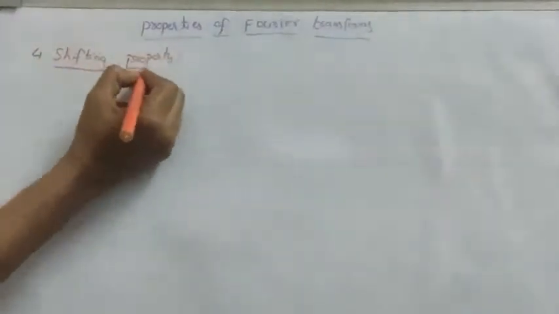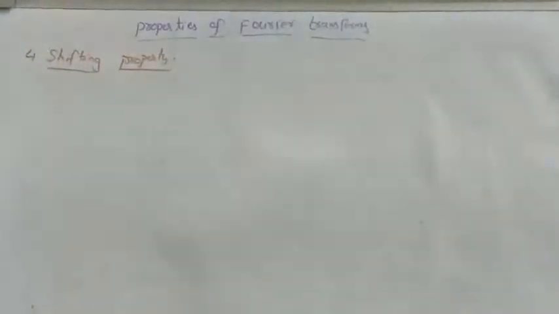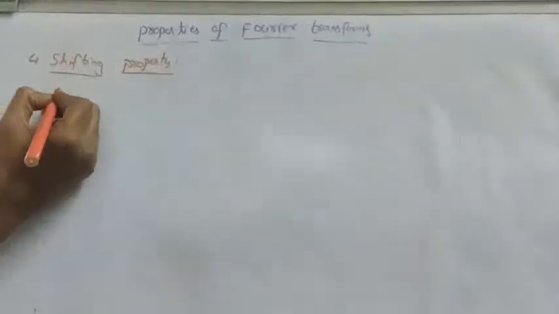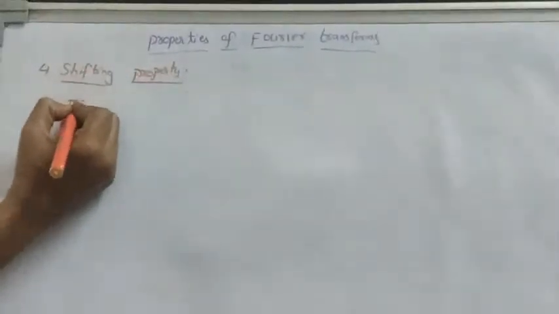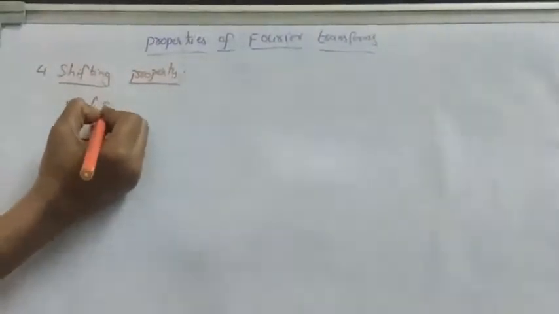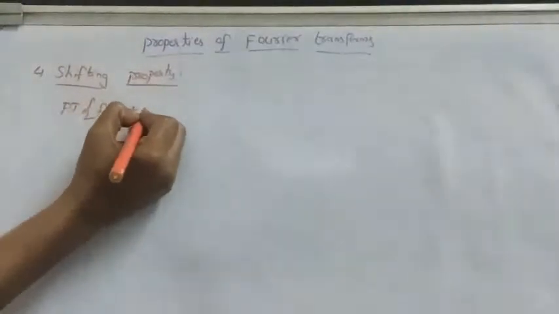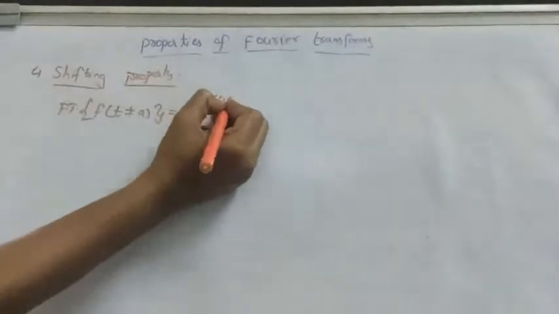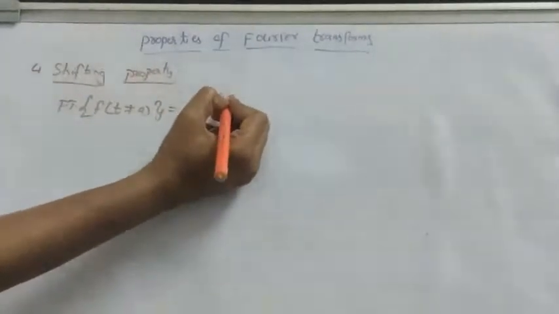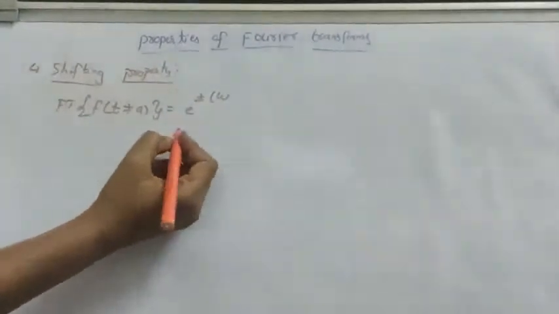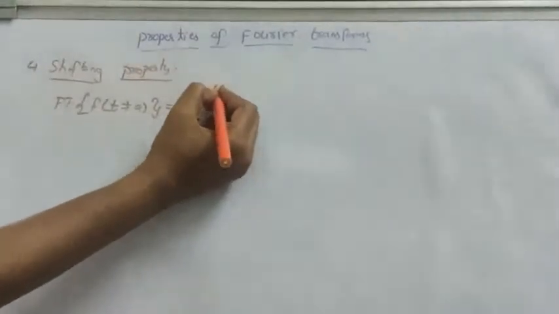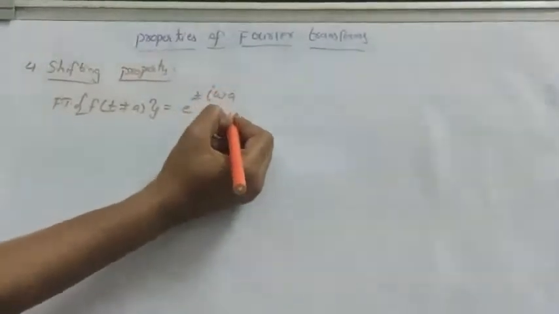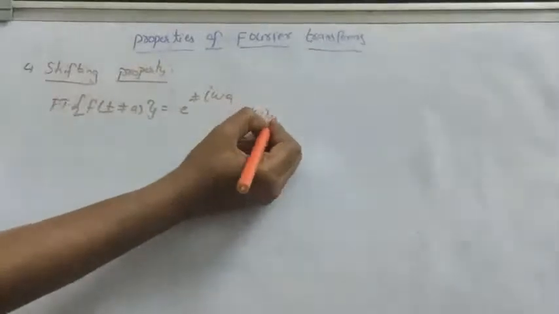Shifting property. In the shifting theorem or shifting property, the statement is we have to prove the Fourier transform of f of t plus or minus a is equal to e power plus or minus i omega a into g of omega.